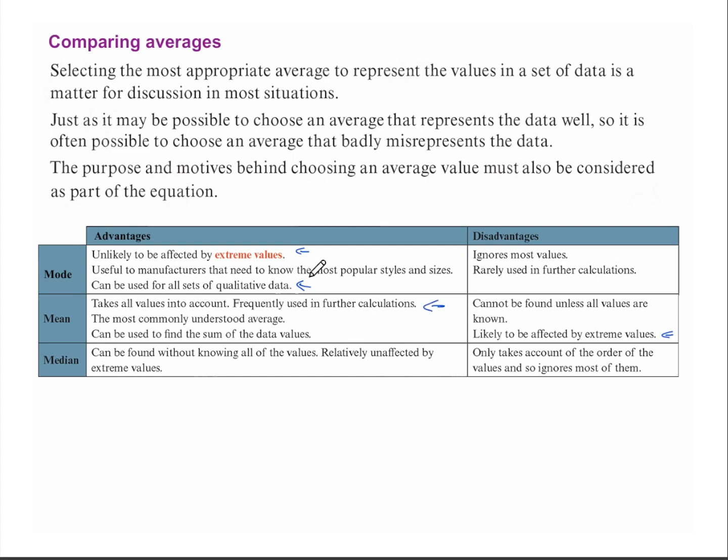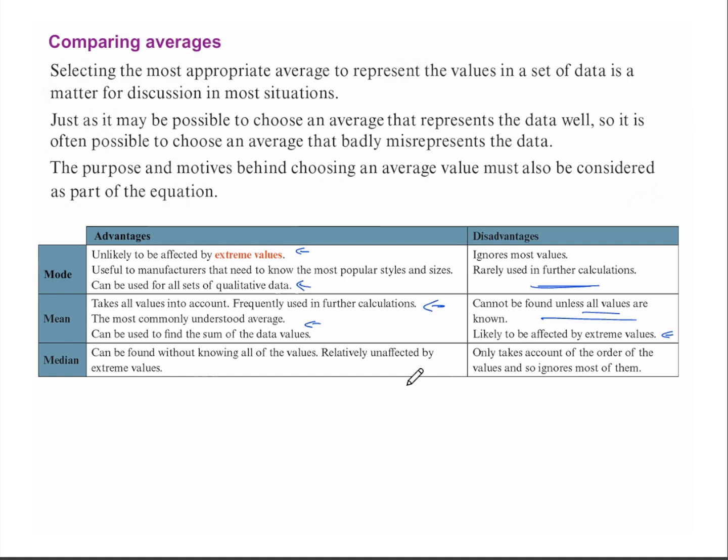For that reason, mode is rarely used in calculations of a higher nature, and instead the mean is used quite often. This does lead us to a disadvantage of the mean as well, because we cannot find the mean unless we know all the values in the data set. If certain values are unknown, then we can't really use the mean that well.